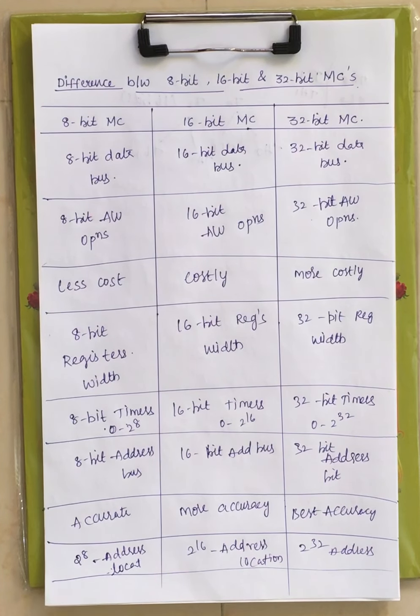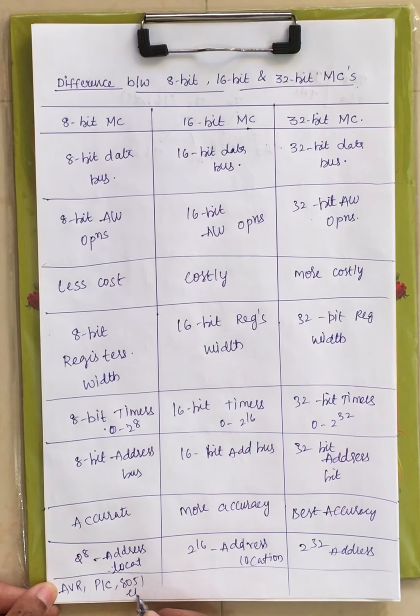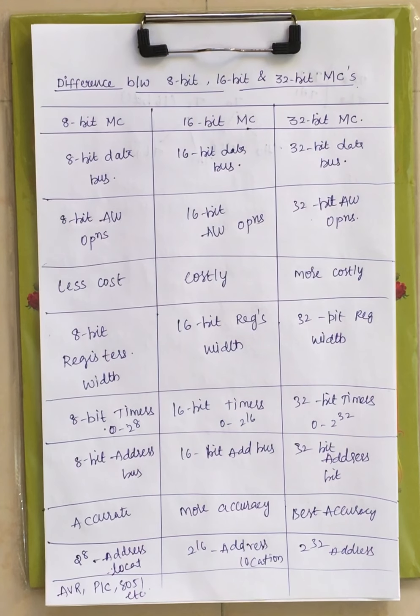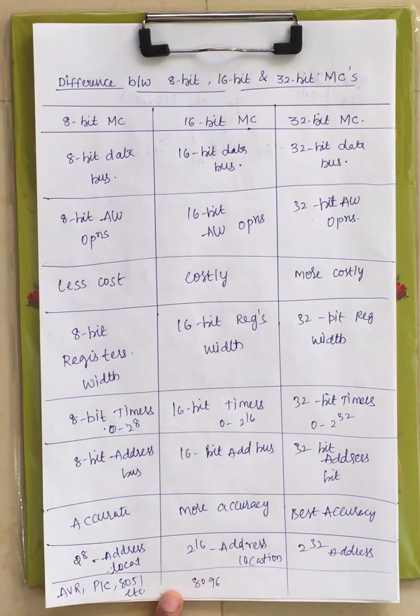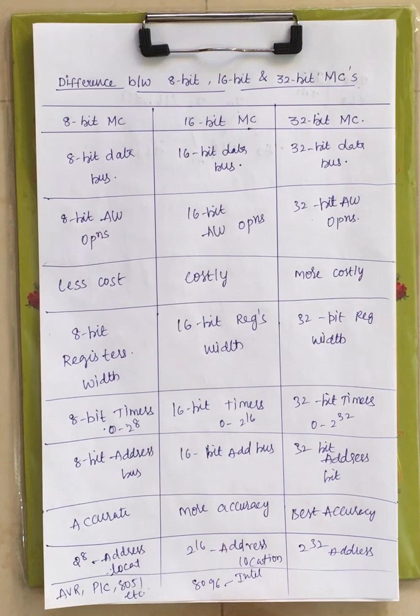Now coming to examples of 8-bit microcontrollers, you have AVR, PIC and the 8051 family, etc. These are the 8-bit microcontrollers. Coming to 16-bit microcontrollers, 8096. This was introduced by Intel. 8096 is a 16-bit microcontroller.